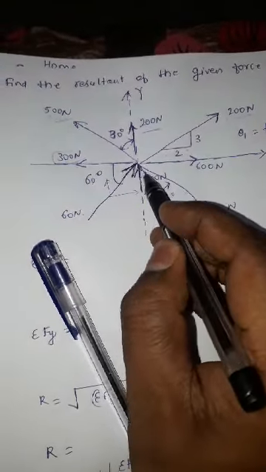So the horizontal will become 200 cos of 56.31 degrees, and the vertical will become 200 sin of 56.31 degrees. Again, they have given this vertical component, so in summation Fy I am going to use this force directly. I don't need to resolve this 200 Newton force. Only inclined forces I am resolving here.